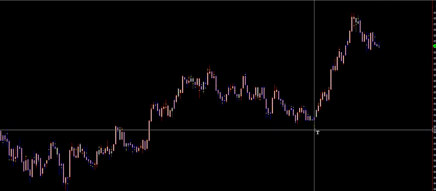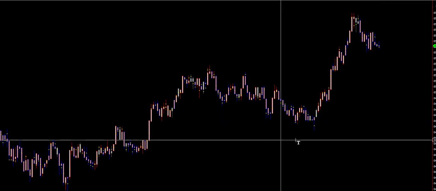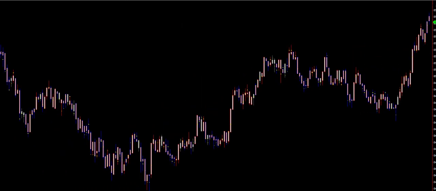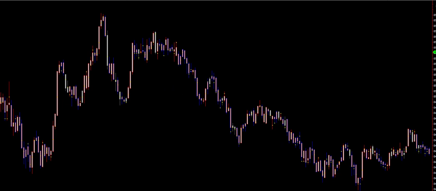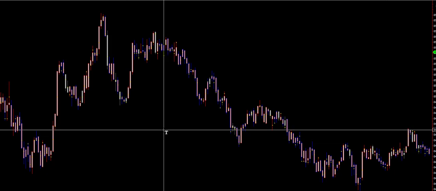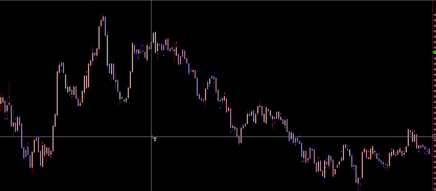So the question is, why did it stop here? Now you may call this supply demand zones, you may call this the buyers came here, sellers came here. This is fine, but when I tell you to invest $5 million every time you trade in AMD, what are you going to do about it? The structure changes, right?